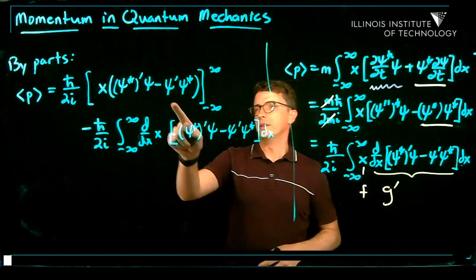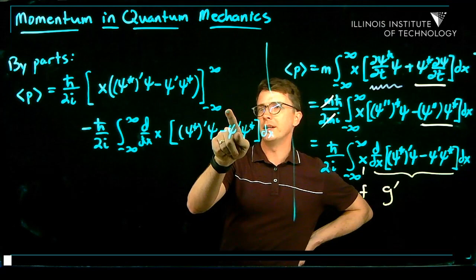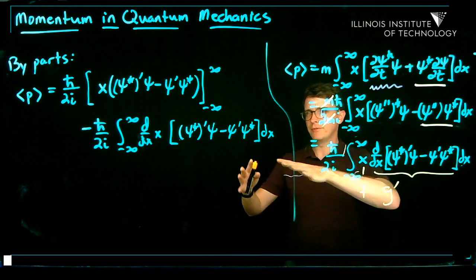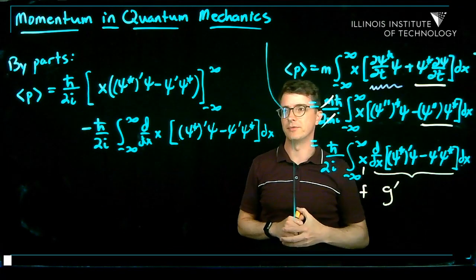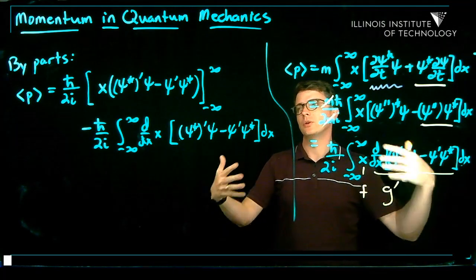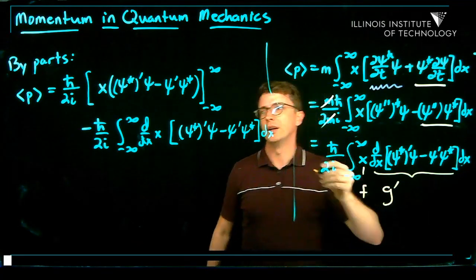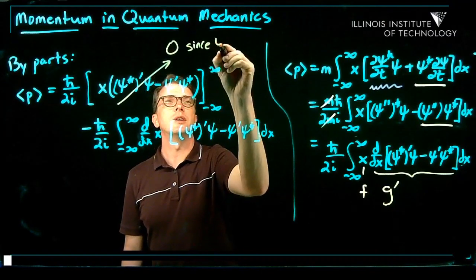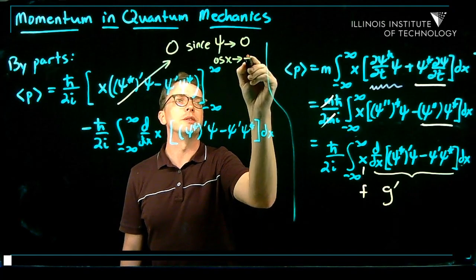All right. This term, when I evaluate at infinity and minus infinity, you remember that the wave function has to be normalized. So the wave function has to go to 0 when x goes to plus or minus infinity. If it didn't, the area underneath could not be 1. So I have to have my wave function go to 0 at very large x. And so this will be 0 since psi goes to 0 as x goes to plus or minus infinity.